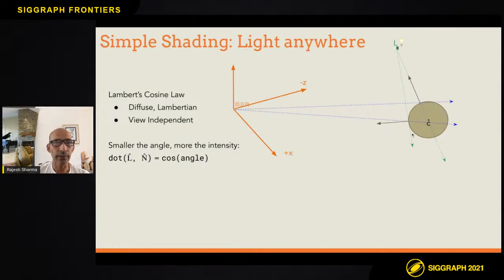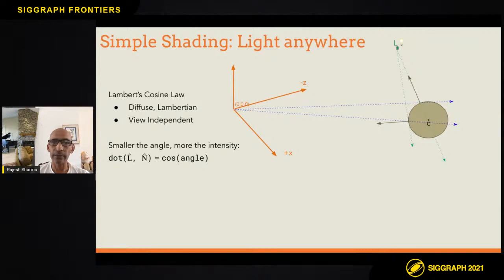So this particular thing is called Lambert's cosine law. And these surfaces that exhibit this property are called Lambertian surfaces or diffuse surfaces. So this particular shading scheme is independent of the viewing angle, which means that you look from anywhere, it doesn't change. All that matters is the light position and the angle it is making with the object, or the normal of the object.